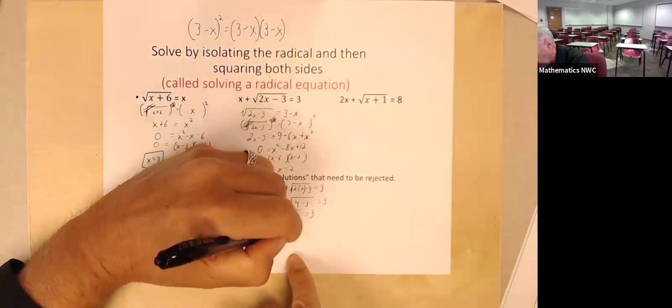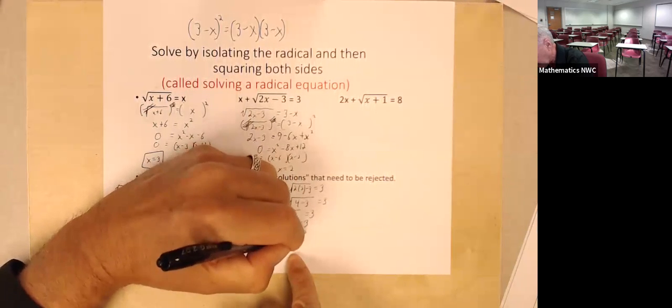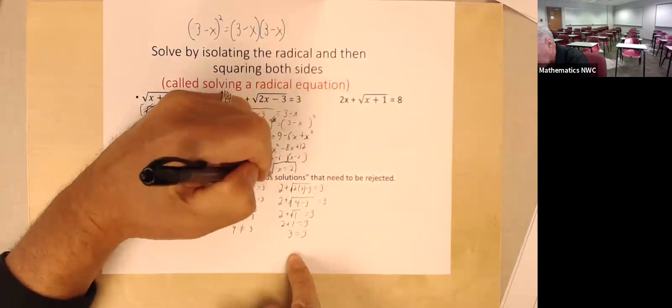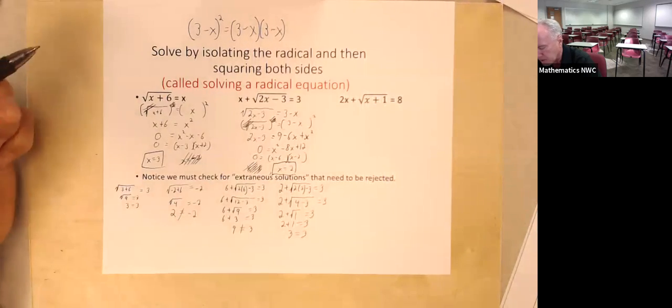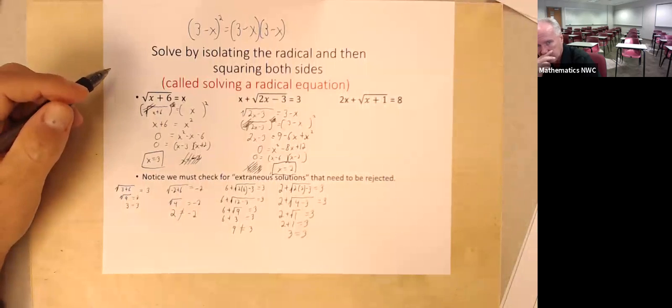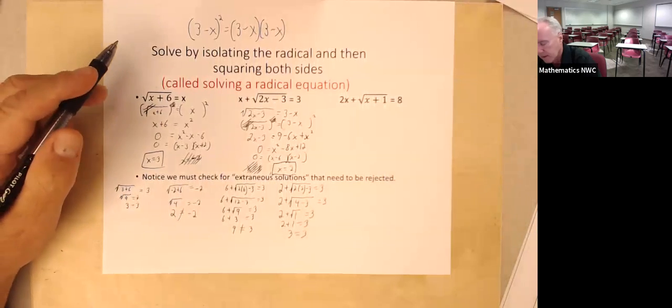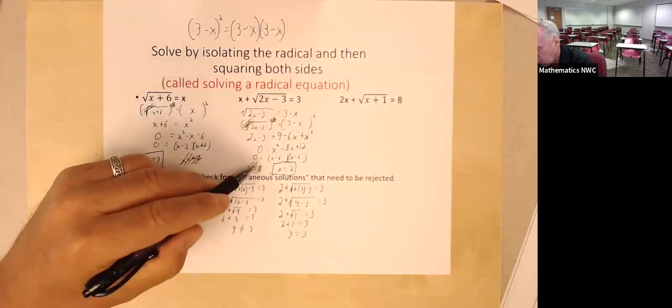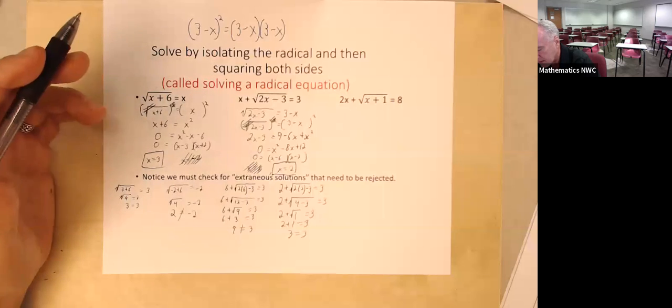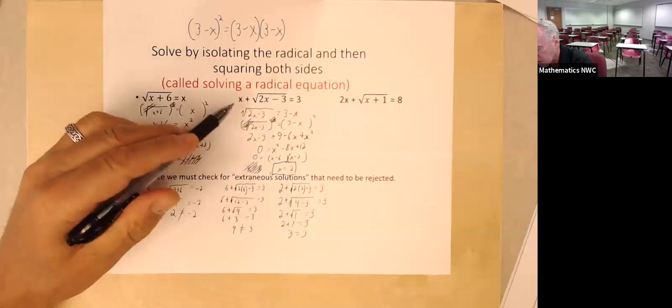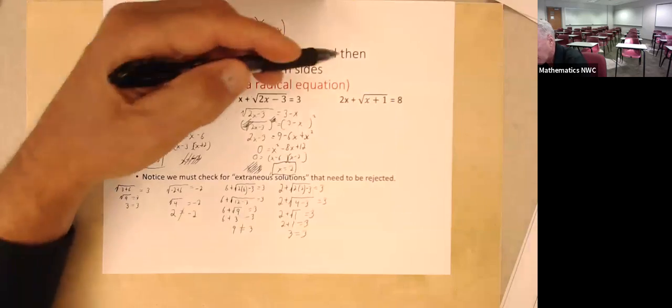That is 1. It does check out. So x equal to 2 is a solution that I keep. Sometimes neither one will check out, sometimes one, sometimes both, but you need to check those answers.